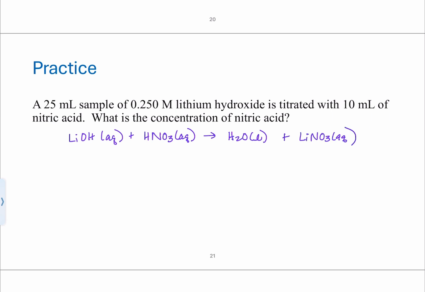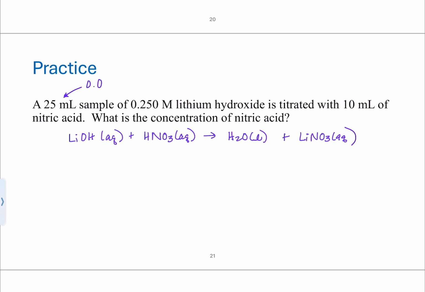So the first thing you should have done was write the balanced equation. Okay, there's the chemical equation. I'm looking at it and it is balanced, so you don't need to do anything further.